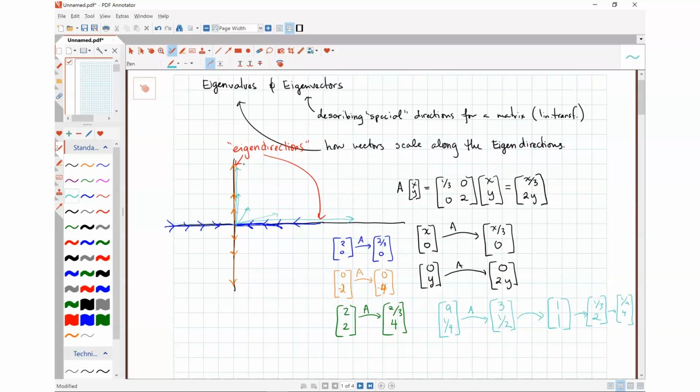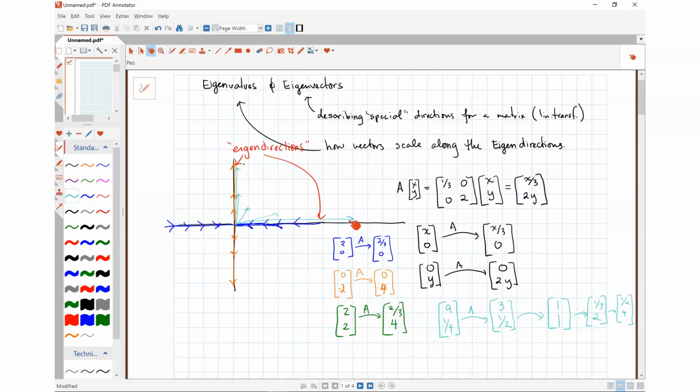If you think of this as a dynamic process, iteratively multiplying this starting vector of 9, 1/4 over and over again by A, we start off here, and then this blue axis, the direction of the shrinking, is pulling this vector back down. If you just look at the x components of all these little vectors, they're getting pulled down exponentially to the y-axis, down to 0.